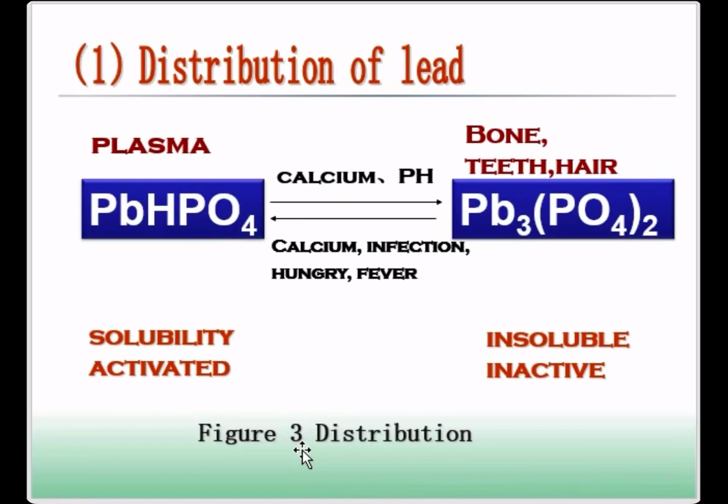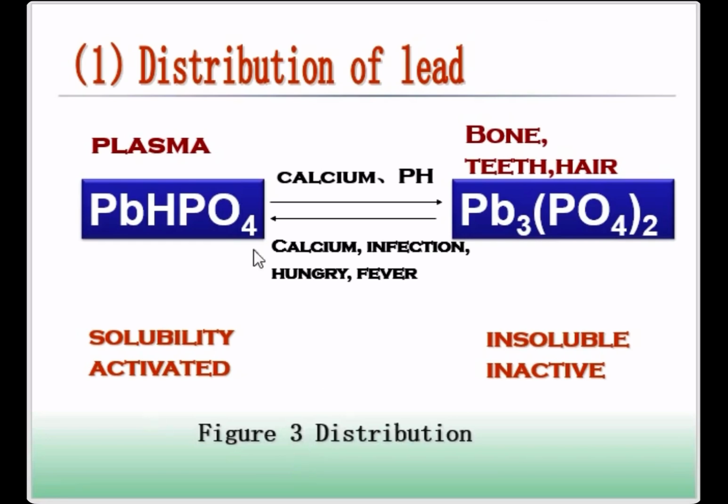And for lead, there's a special thing about distribution. When the lead goes inside, you will find that in our plasma it will be hydrogen phosphate lead.